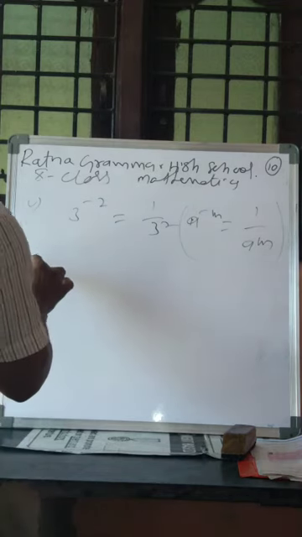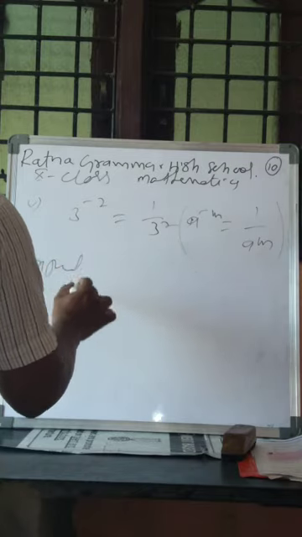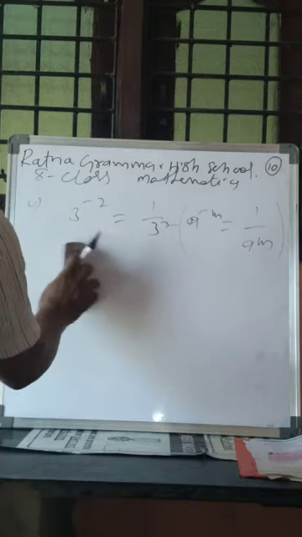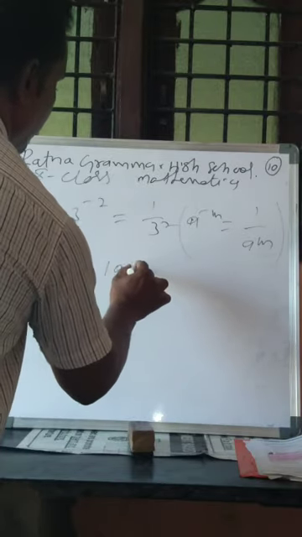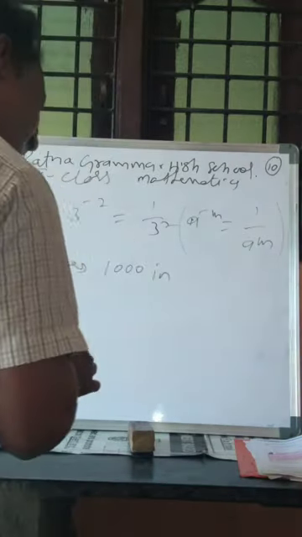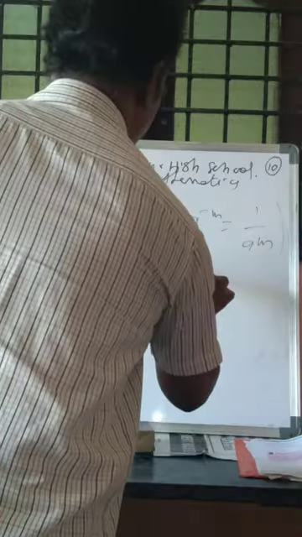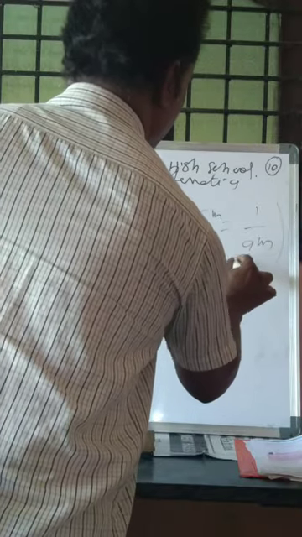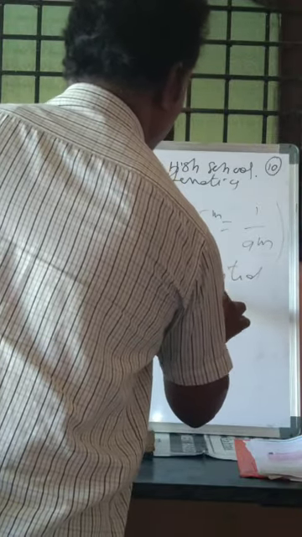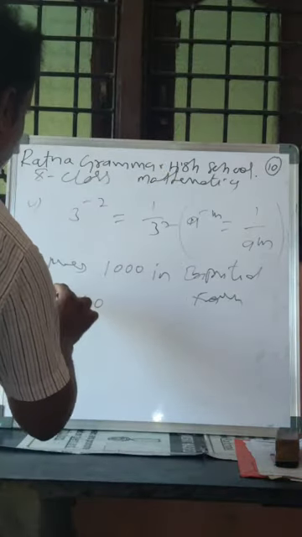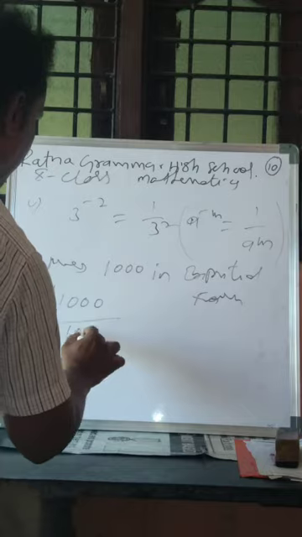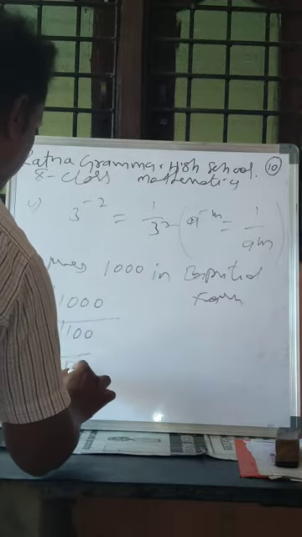Next example, a simple thing. Expand or express 1000 in exponential form. What does 1000 mean? Divide by 10: 1000 by 10 is 100, 100 by 10 is 10, and 10 by 10 is 1.